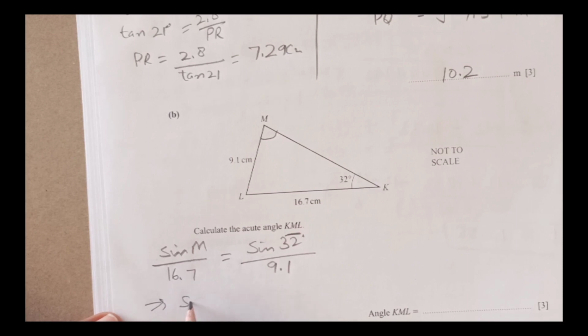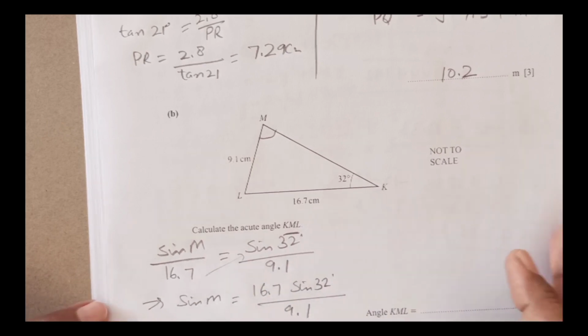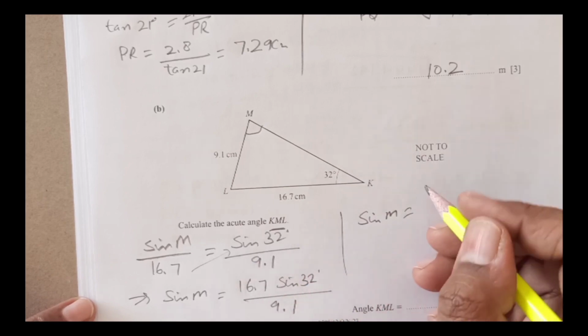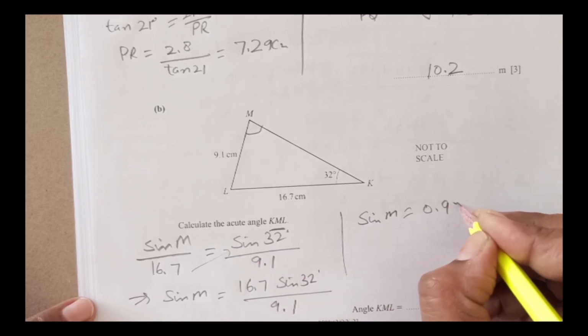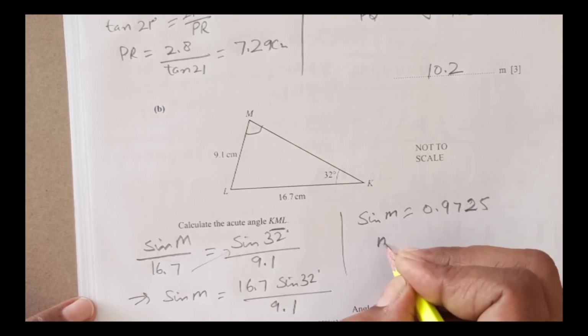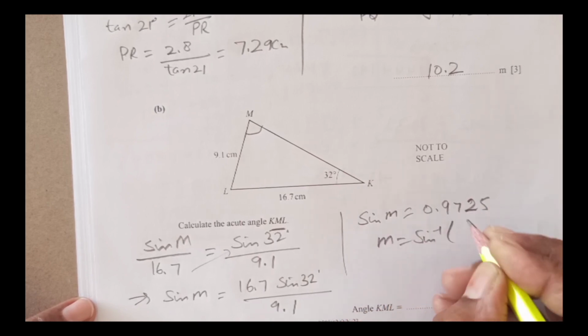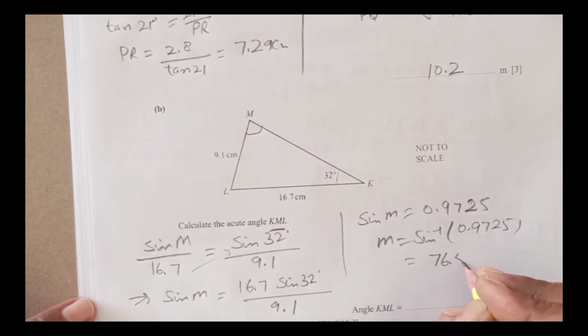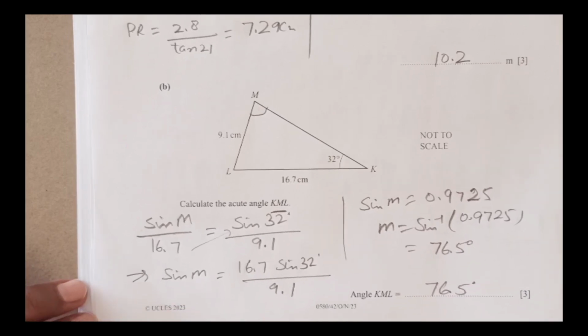So sine M is equal to 16.7 times sine 32 degrees over 9.1, right? When you calculate this, sine M comes out to be 0.9725. So M is sine inverse of 0.9725, which is 76.5 degrees, right?